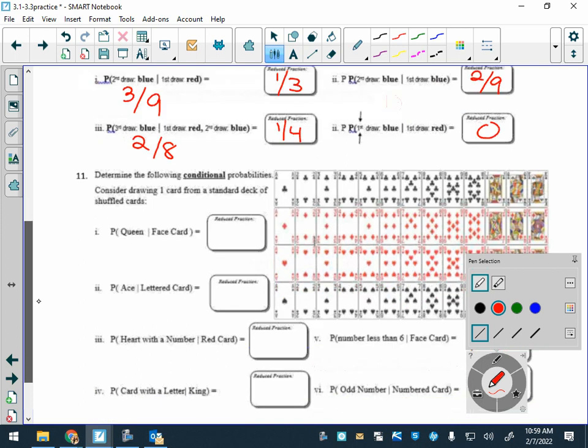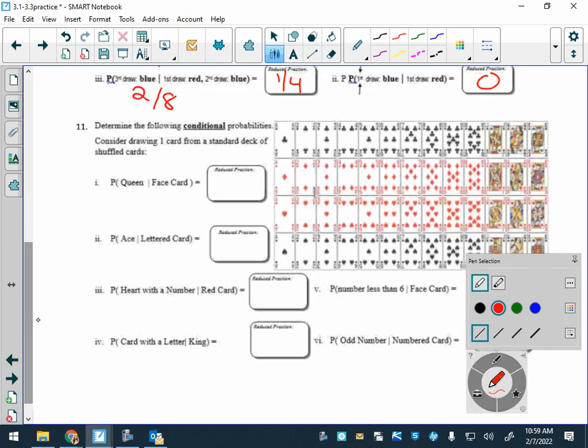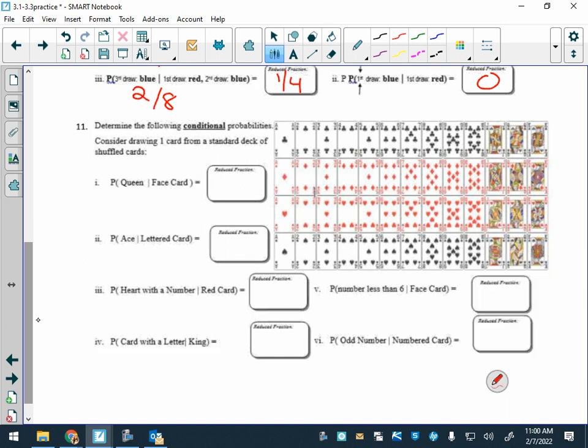Okay. Now, favorite. Some of you not so much, but cards. Playing cards is where a lot of probability takes place. Just a refresher, there are 52 cards. 26 are red, 26 are black.